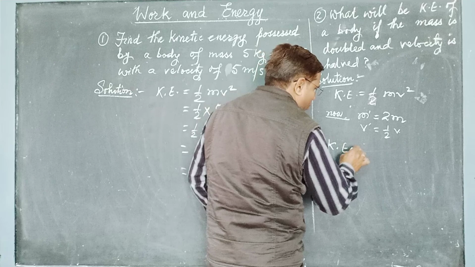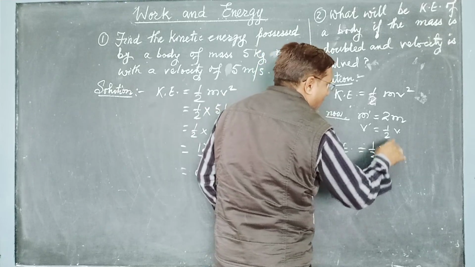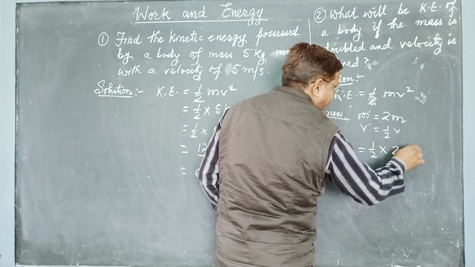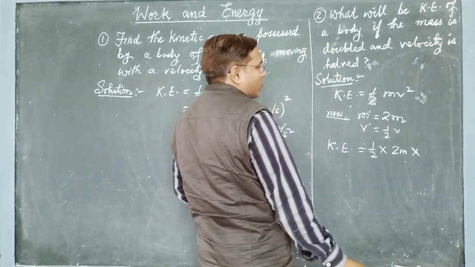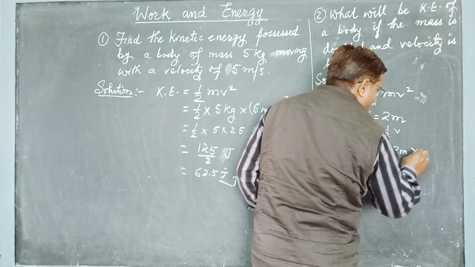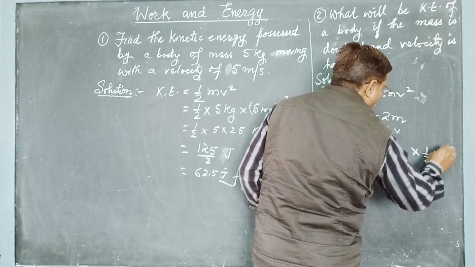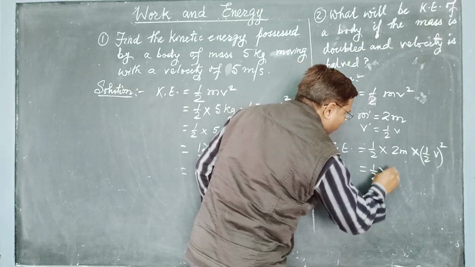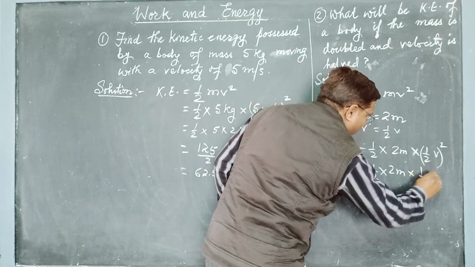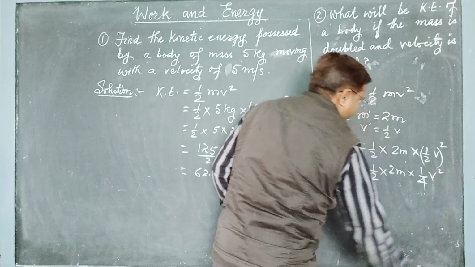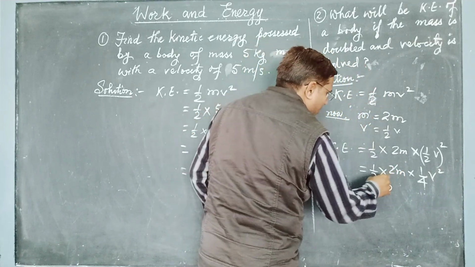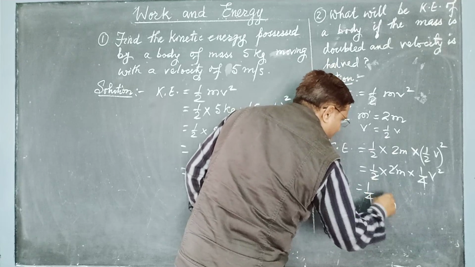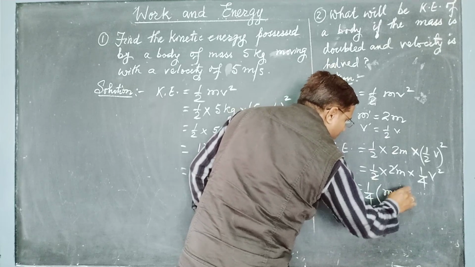Kinetic energy is equal to half mv square. Instead of m, I write 2m. Instead of v, I write half v whole square. So 1 by 2 into 2m into 1 by 4 v square. Now we will cancel. 1 by 4 I will take out. It will be mv square.